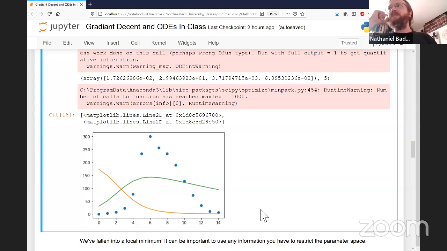And the reason is because it's very, very easy to get bad fits when you're fitting differential equations. It's a big problem. And it's an interesting problem right now, that there's a lot of work still being done on. How do you fit parameters to interesting ODEs and PDEs?